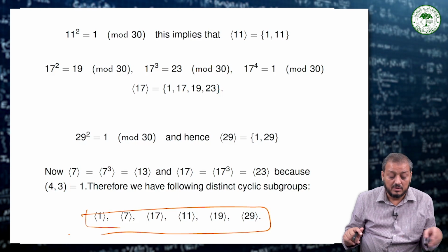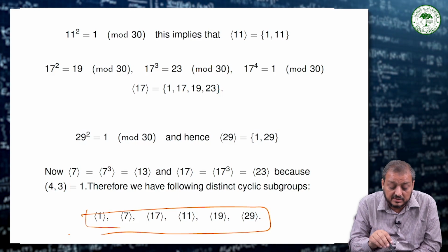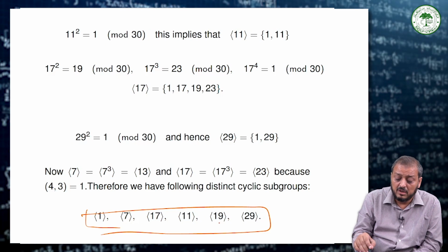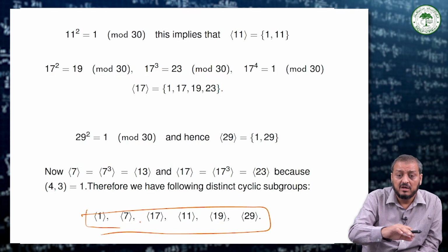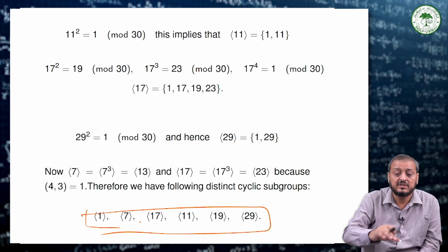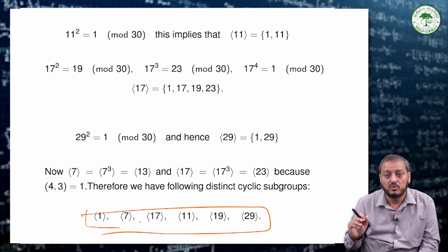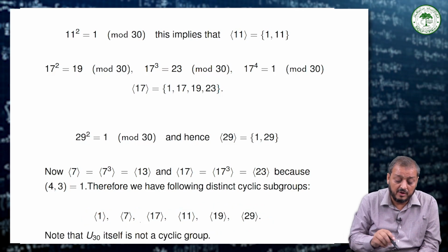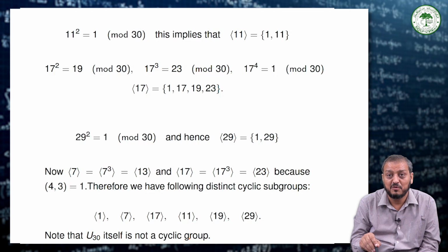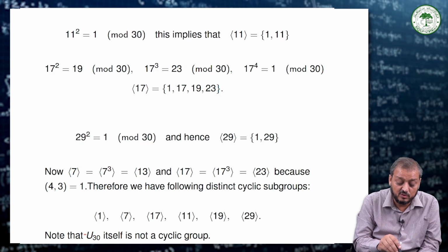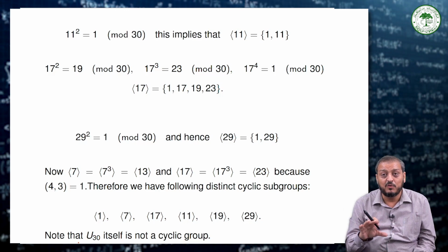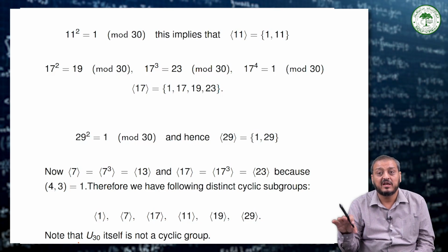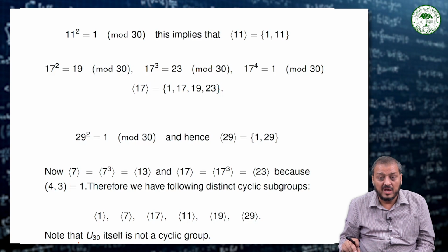So clearly we have shown these are 6 distinct cyclic subgroups of U30. Note that U30 itself is not a cyclic group, but we can find 6 distinct cyclic subgroups of it.